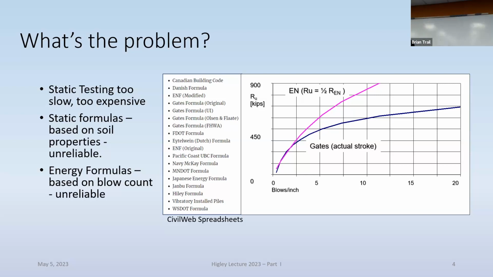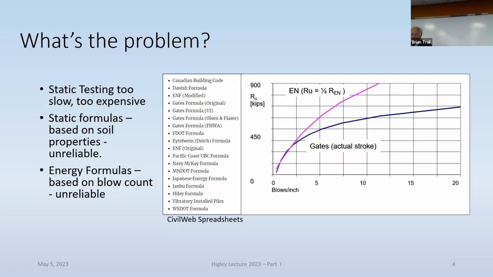And our friends in Sweden always said, if you have a capacity and have a blow count, you can always find a formula that gives you that value. So you don't have to worry about being wrong. So then that was, of course, discredited. Everybody knew it wasn't good.